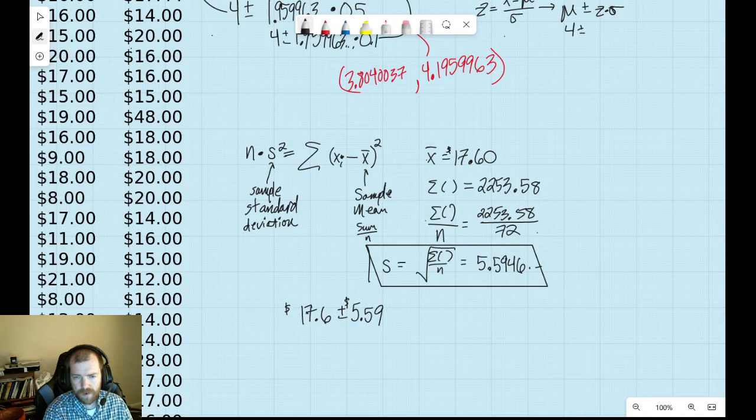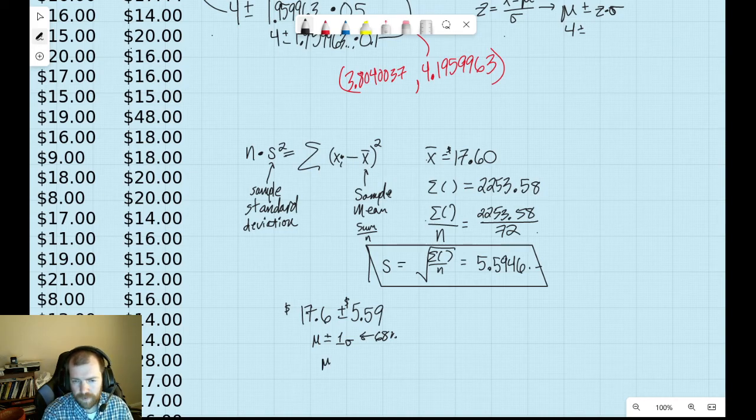So this is our one standard deviation. So mu plus or minus 1 sigma. Again, this was 68% of our data. This is going to end up being a 68% confidence interval, which is terrible.